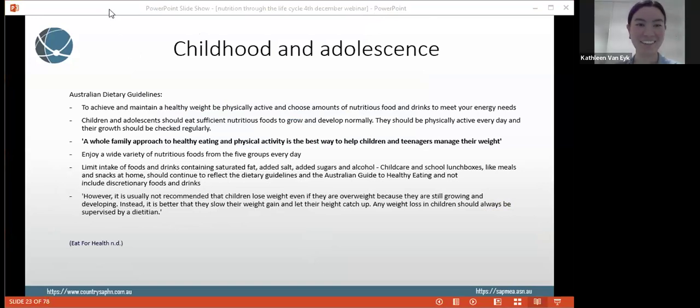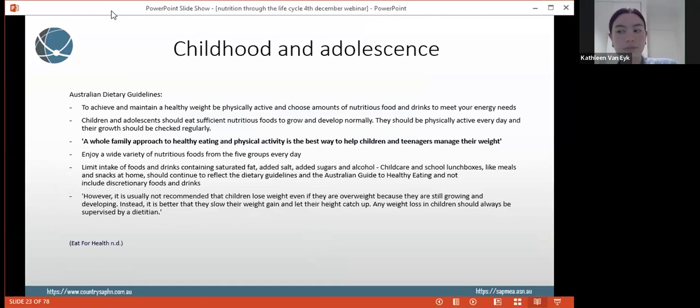Technology. Okay. So I'm going to move on to childhood and adolescence now. As Lauren said, we do see children from about 10 years of age. And just to start, I want to go through a bit about the Australian Dietary Guidelines for Childhood and Adolescent Healthy Eating.